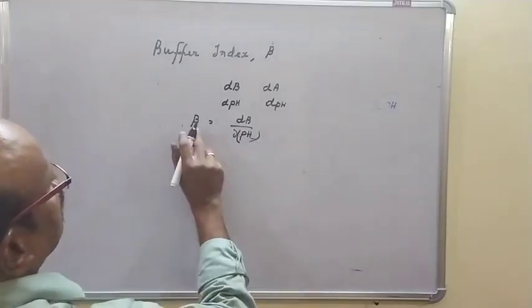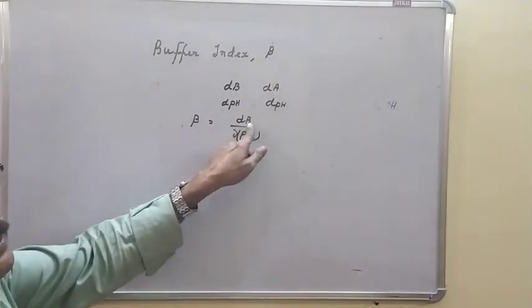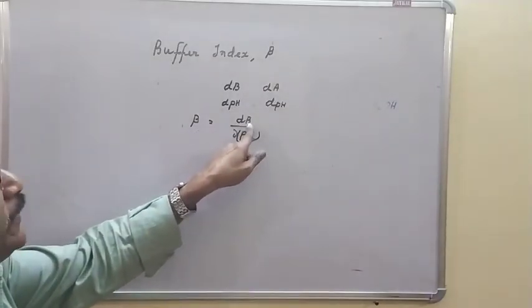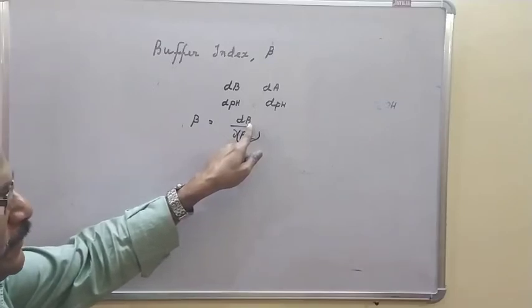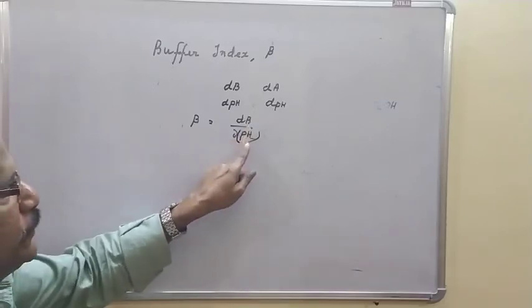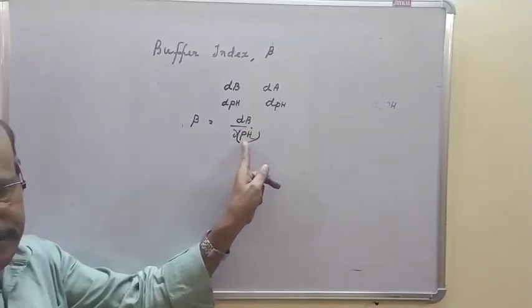It is a differential ratio, defined as the ratio of the increment of the base or acid added to the variation in the pH.